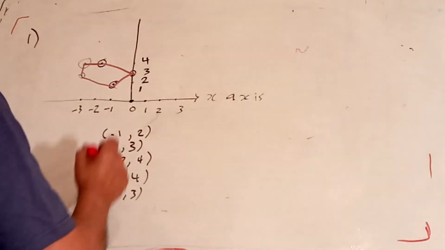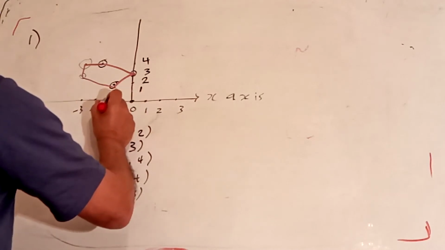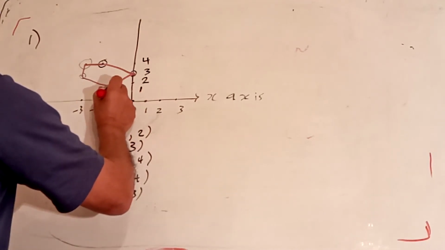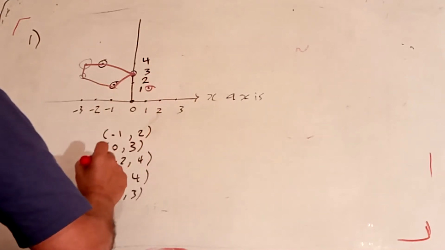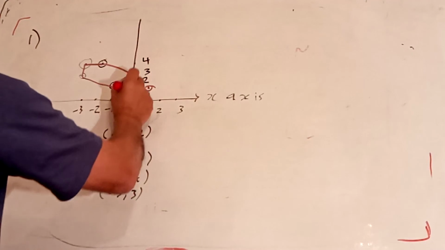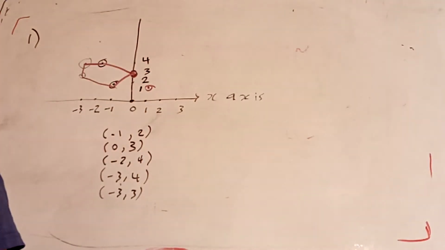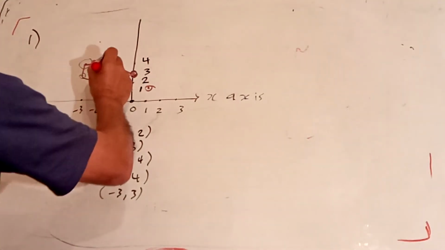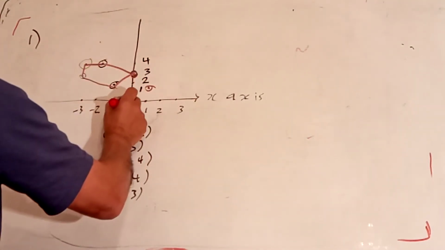Let's reflect it. Okay. This point, how far is it from the y-axis? It's this point here. It's 1, so this point will be reflected here. This point is 0, so it's reflected in the same place. It does not change. This point is -2 and 4. So how far are we? -2.